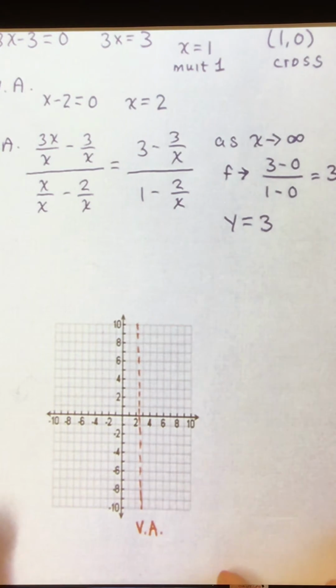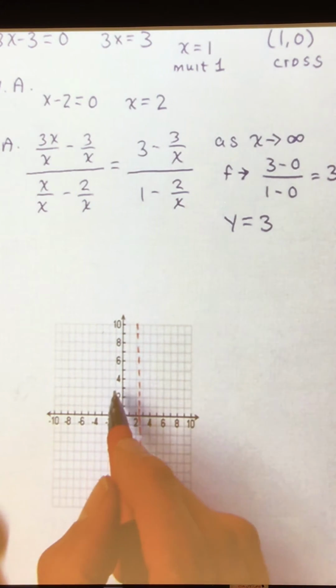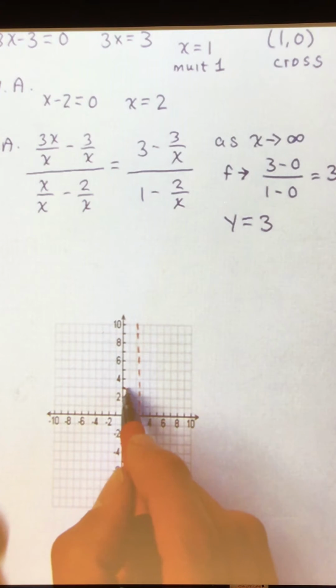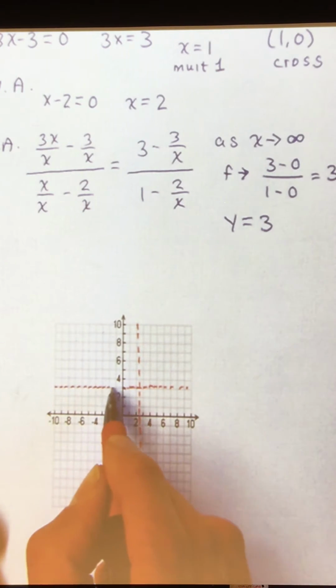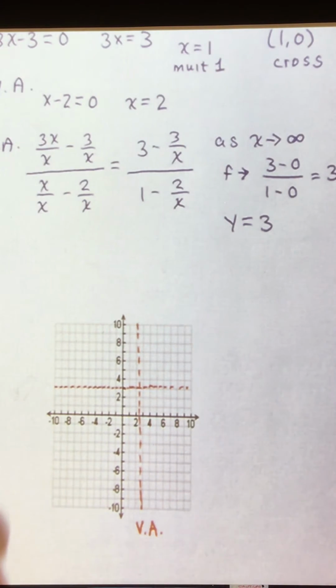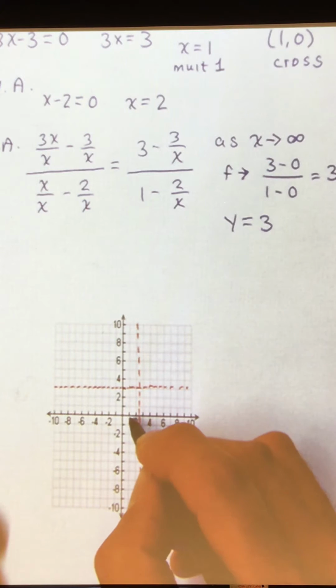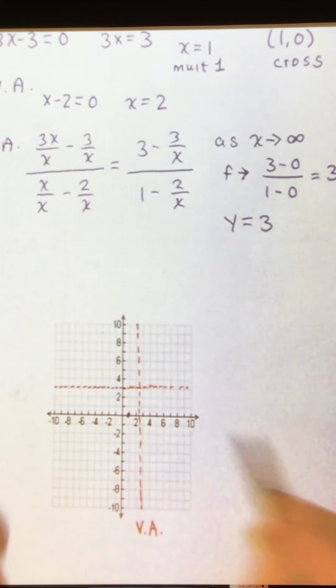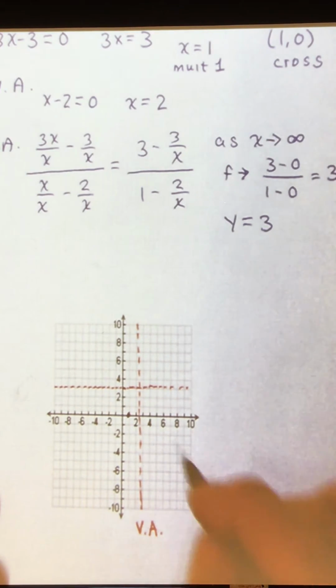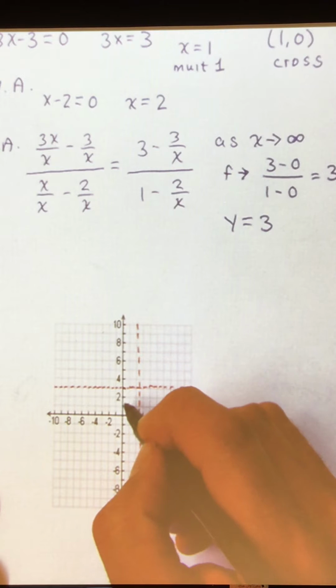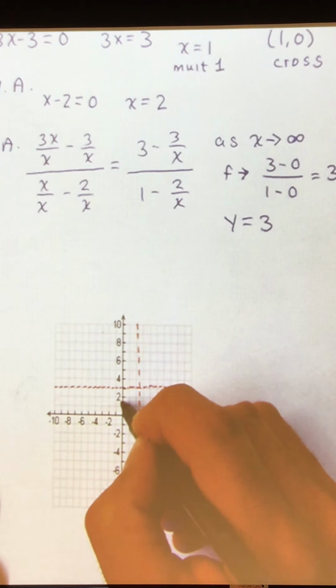We have a horizontal asymptote at y = 3, so we'll indicate that and draw that in there. Now we'll plot our points. We know we have an x-intercept at (1, 0), so that's right there. And we know the function must cross there. What else do we have? A y-intercept of 1.5, so 1.5 is right about there.